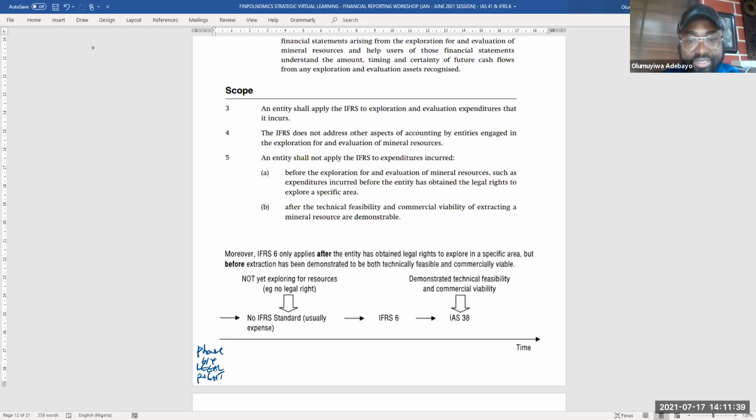Now we have the phase when the legal rights have been obtained. We have the phase of development and production.